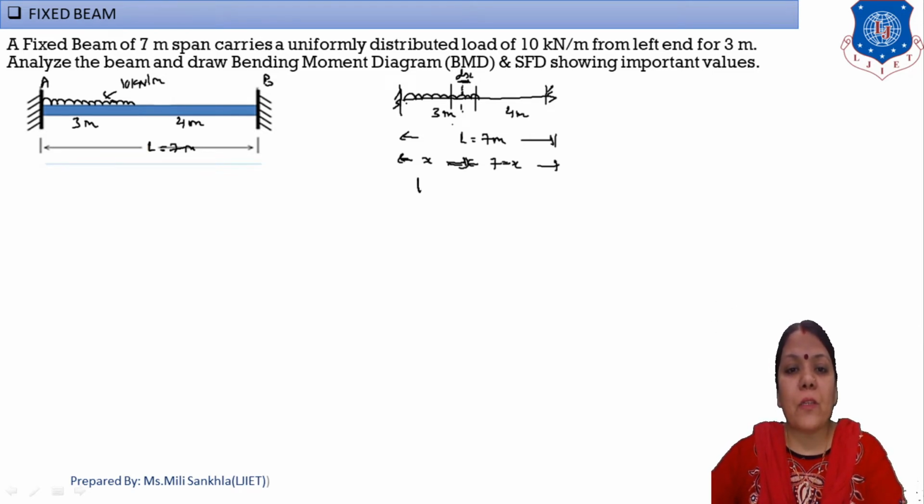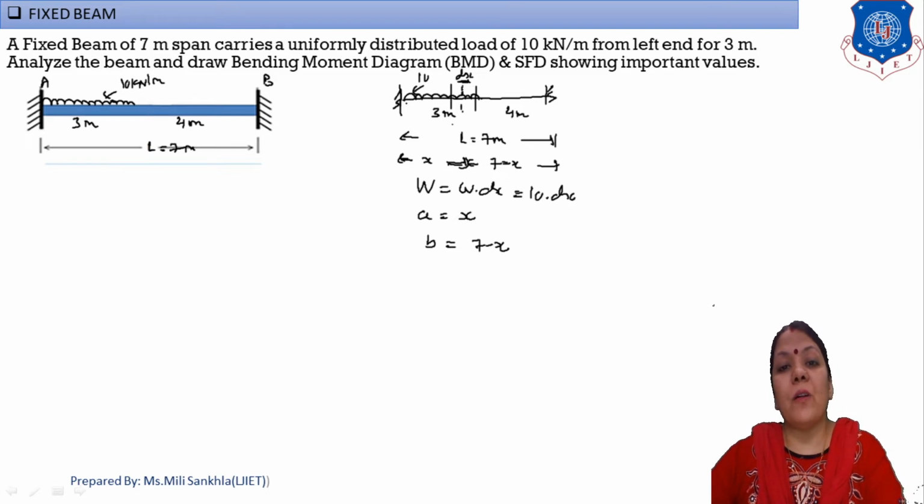Suppose I first write down capital W for this section, and this is W into dx, and this load is equal to 10, so write here W equals 10 into dx. Now this is my a is equal to x and b is equal to 7 minus x.